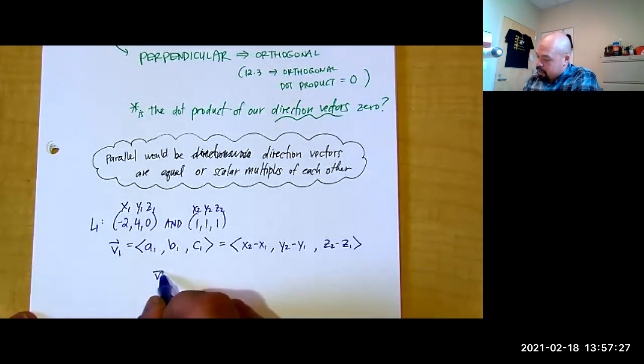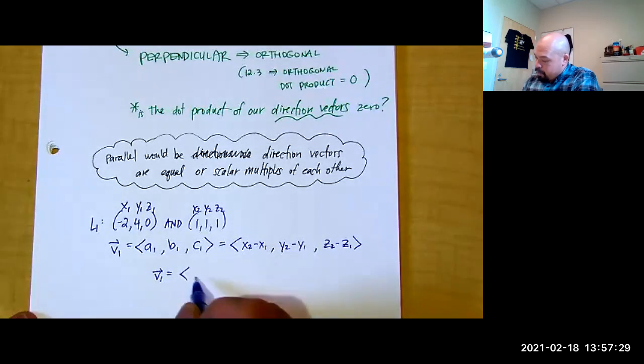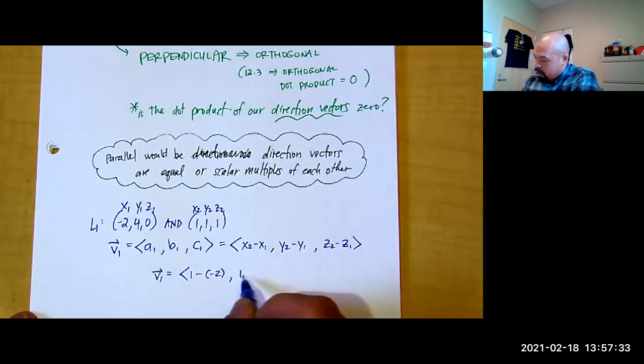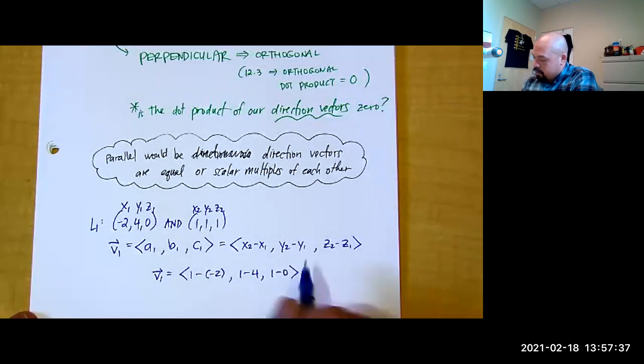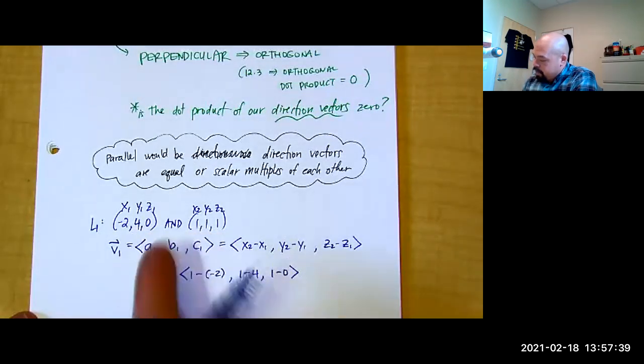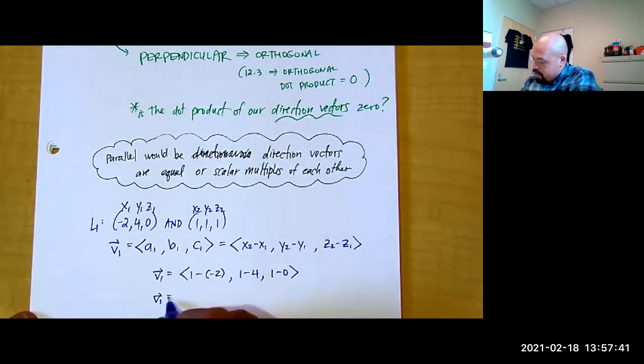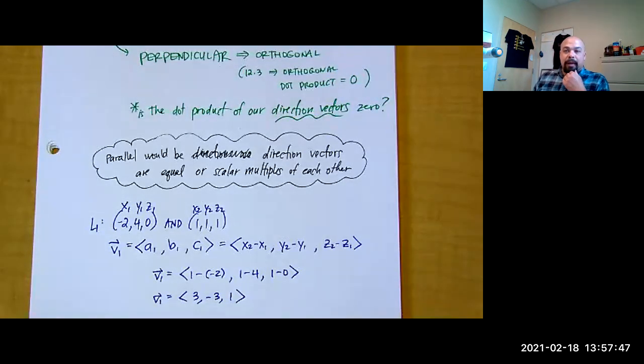So for my first direction vector, 1 minus -2, 1 minus 4, and 1 minus 0. And that first direction vector is +3, -3, 1. Double check my arithmetic, make sure I'm not moving too fast.